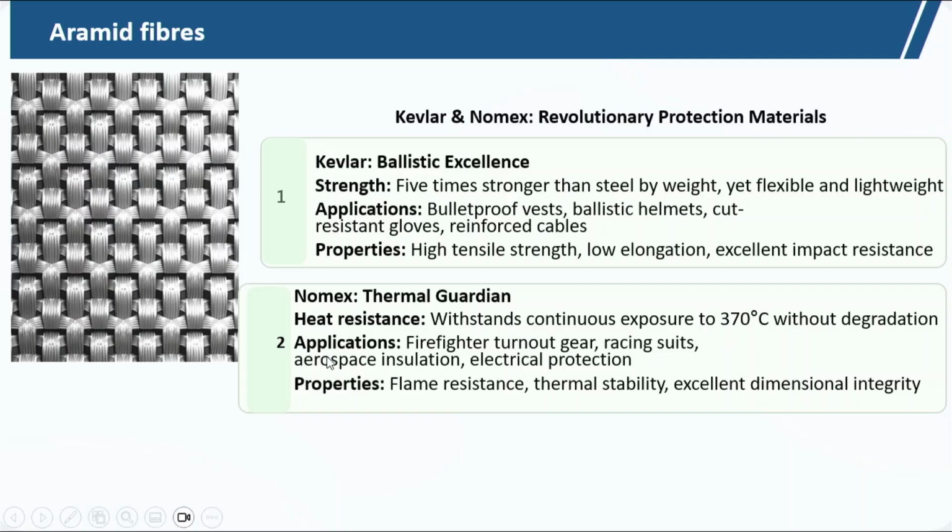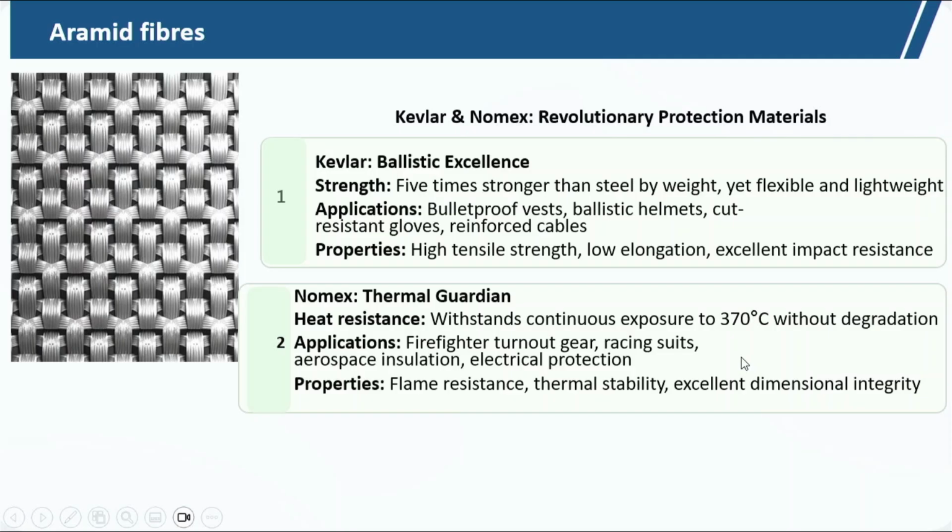Now, next is the Nomex, which is also an aramid fiber, it is a meta aramid fiber, it is called a thermal guardian. Basically, it is high temperature resistant, heat resistant, and can withstand continuous exposure to high temperature, up to 370 degree Celsius without any degradation.